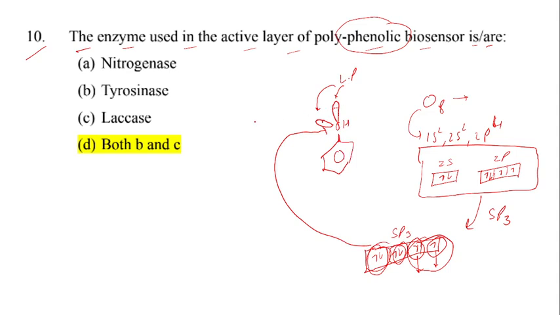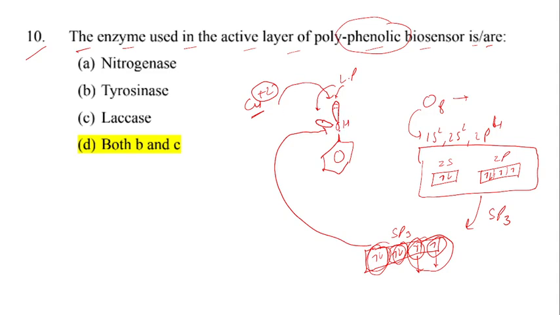Suppose we are taking any metal ion, so I am taking copper here. Copper can be attracted by this lone pair because it is positively charged. It will be attracted to this negative lone pair, and copper will pull this electron. Finally, oxygen will feel that it is electron deficient because its electrons are being pulled by copper.